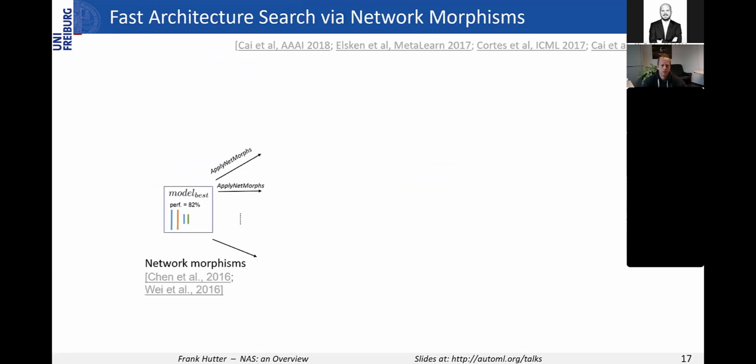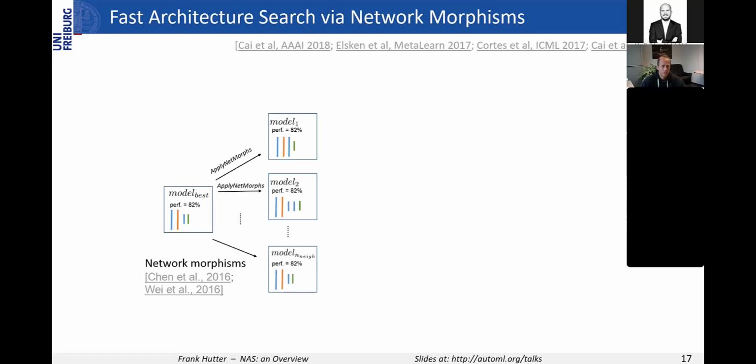So to demonstrate how this works in an algorithm, you would have some model that's here, two larger layers, two smaller layers of different types. And you can apply network morphisms to, for example, make this layer here a little bit wider, add a layer, maybe add a skip connection somewhere. And the performance of these models is still going to be exactly the same as here because, well, these are network morphisms.